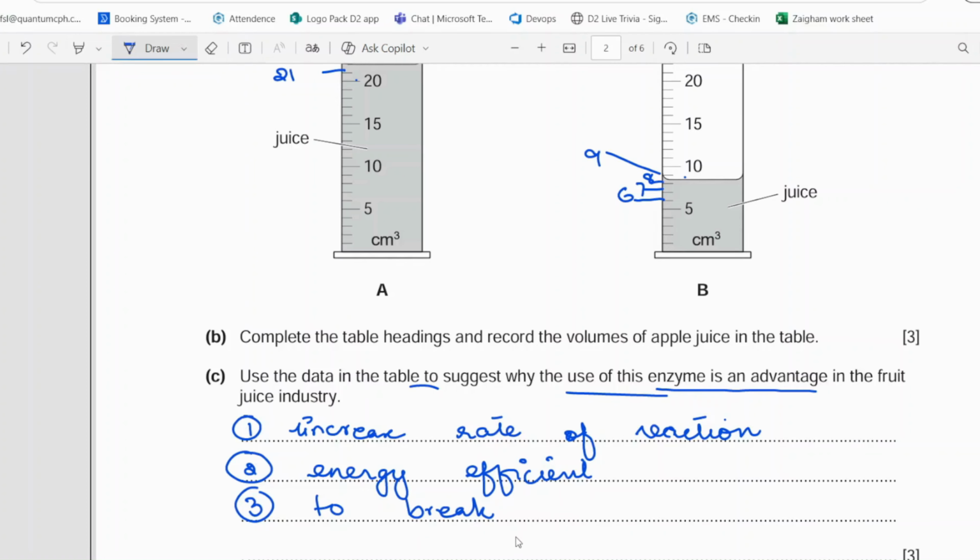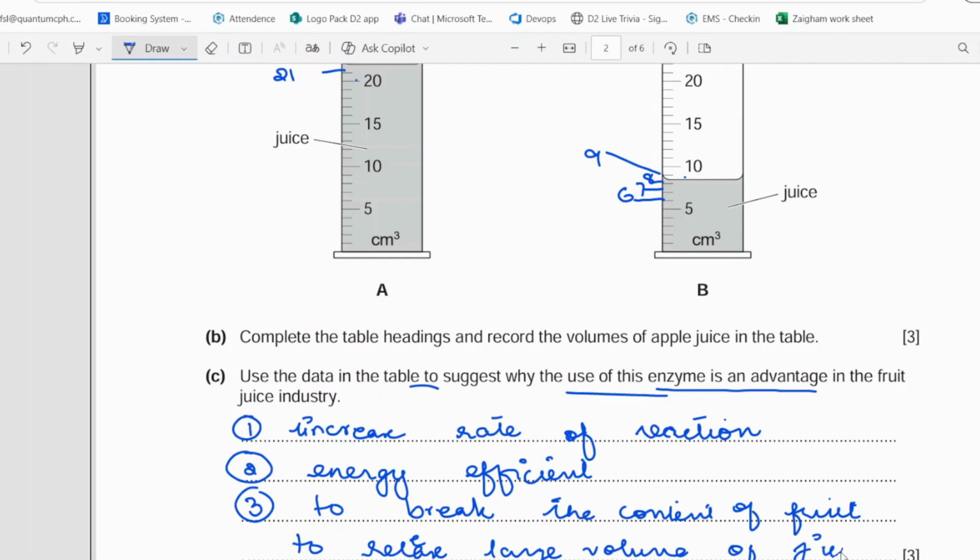Since they haven't given us pectinase, let's make it a general statement. We can say it breaks the content of fruit to release larger volume of juice. Okay. You can write time efficient, you can write energy efficient.